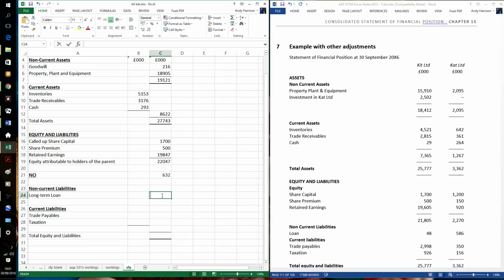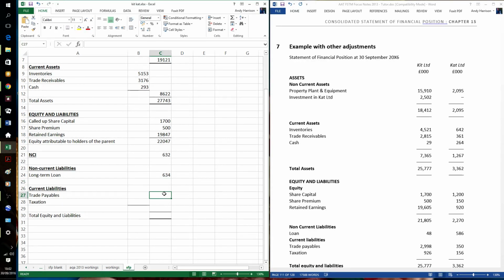Long-term loans. Unless the loan is between the companies, we just add them together, and that's part of the non-current liabilities. And then again, if money was owed for the intercompany transactions, we wouldn't be adding them, we'd add them and then subtract. You can just add the payables together, and that's in the wrong place. It should have been there.